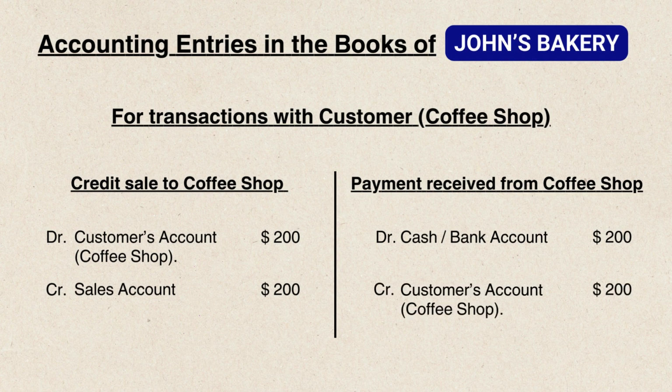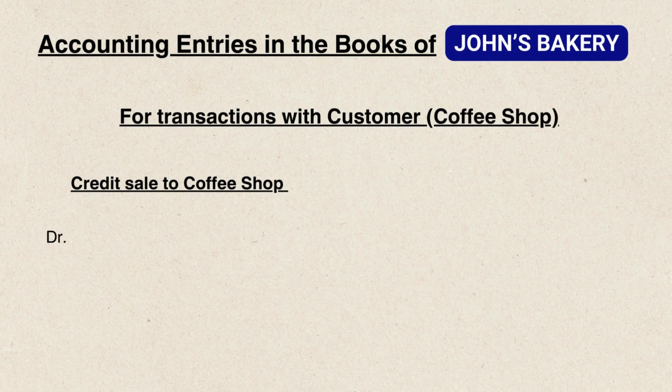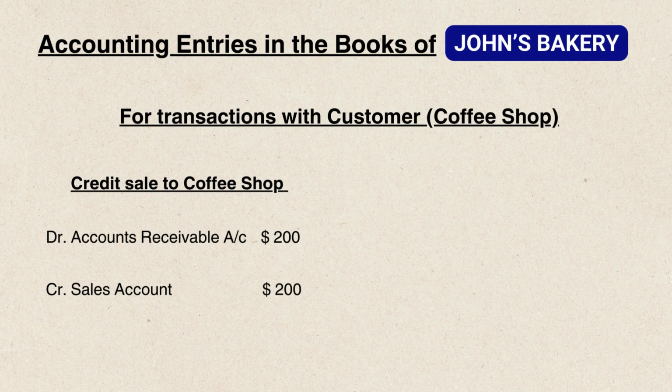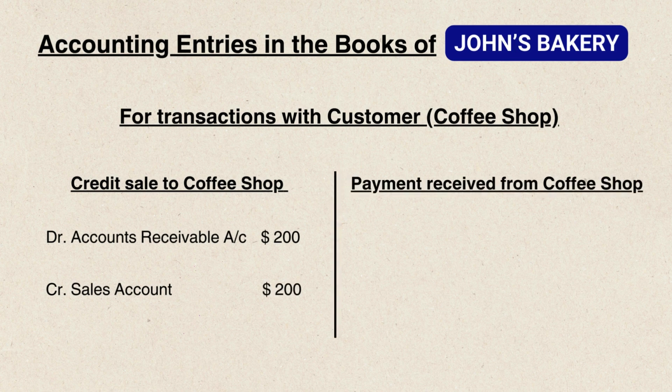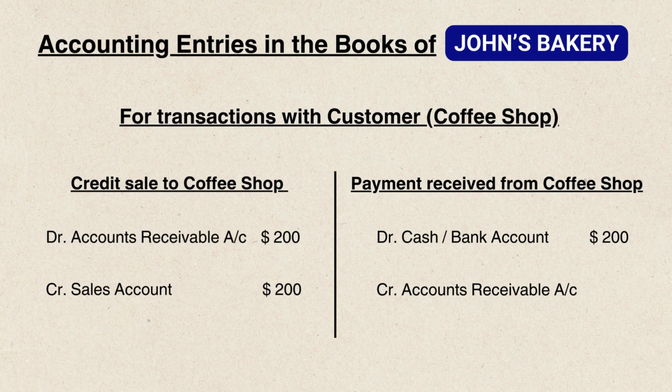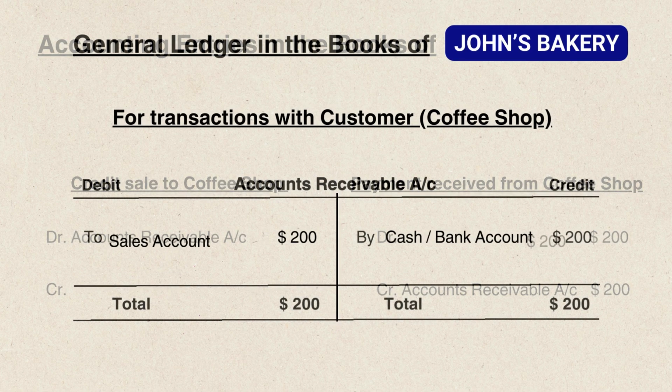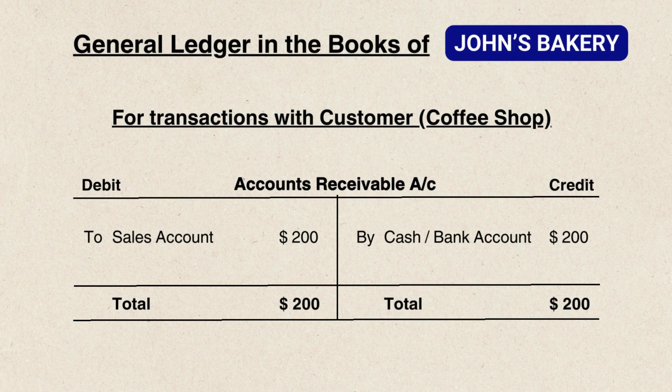The same entries can also be shown as debit accounts receivable, $200 and credit sales account $200. Then, for the payment received from coffee shop within 30 days, debit cash or bank account, $200 and credit accounts receivable, $200. Ledger postings for accounts receivable in the books of John's bakery will look like these.